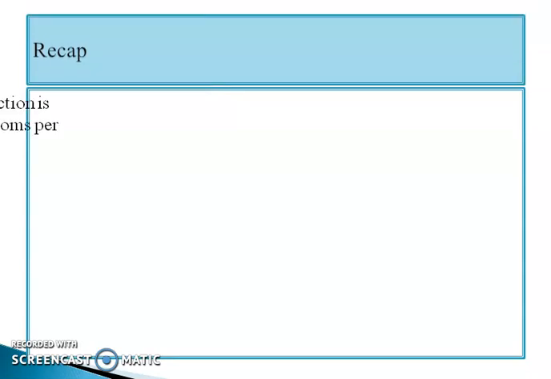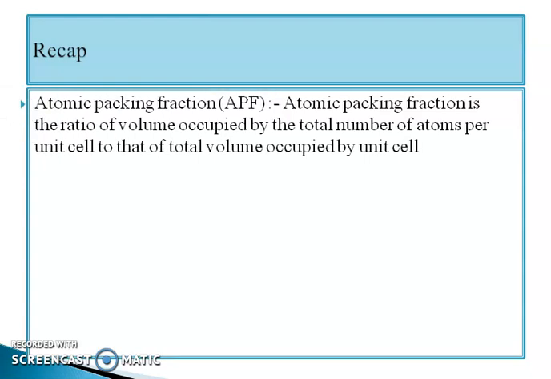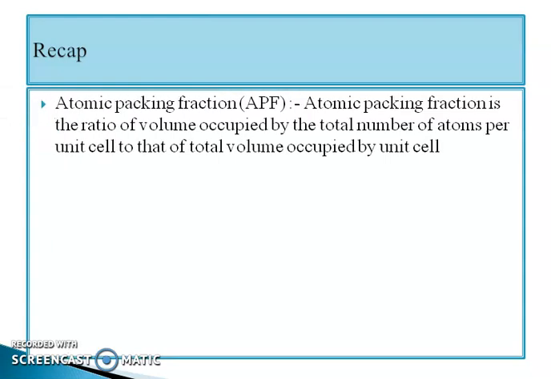Recap of the previous lecture, where we studied atomic packing fraction. It is the ratio of the volume occupied by the total number of atoms per unit cell to the total volume occupied by the unit cell.